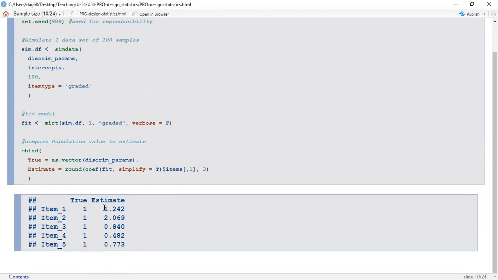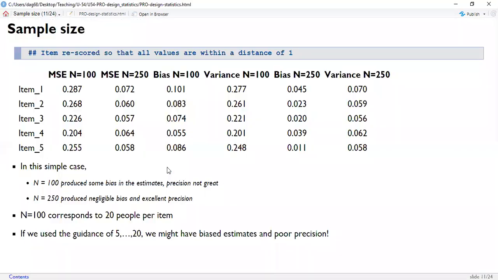But we don't have to worry about that for one single simulated data set. What we care about is, over the long haul, if we do this 1,000 times or something like that, do we get an average value across all those 1,000 samples that's equal to the true value?